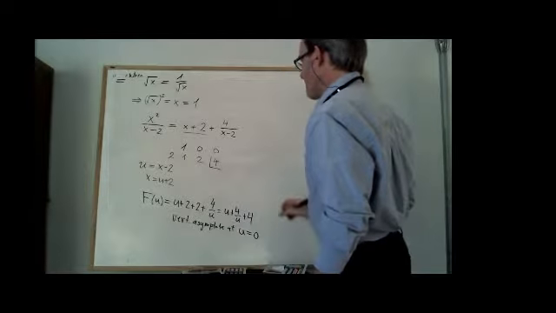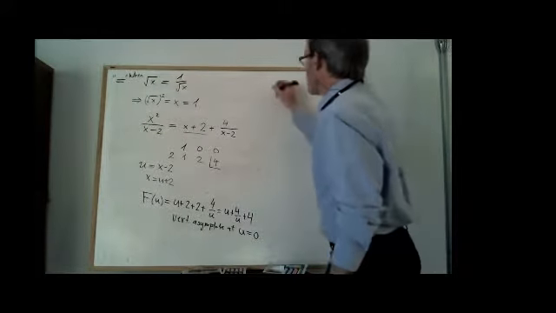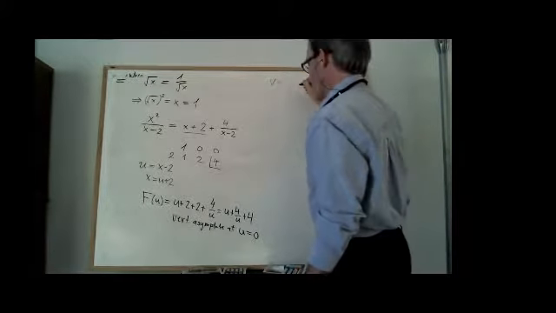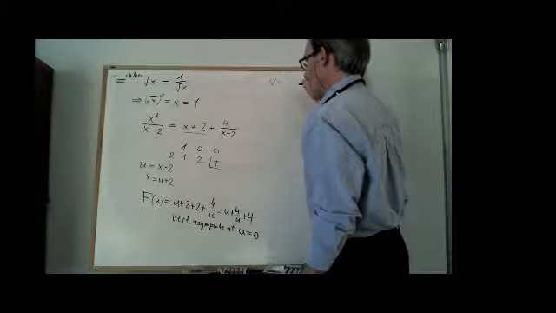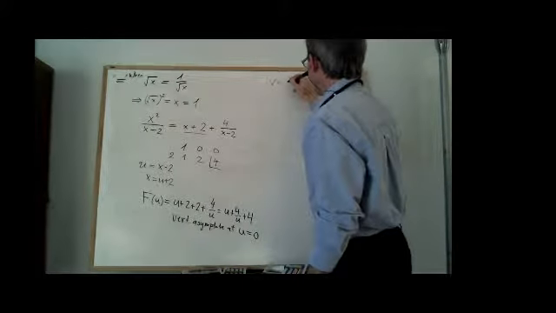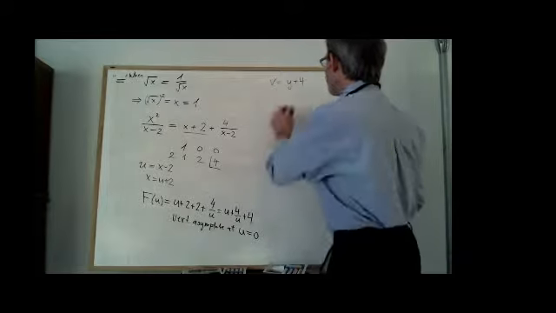Okay, so if I take the new variable v to be y minus 4, sorry, y minus 4 is what I want.